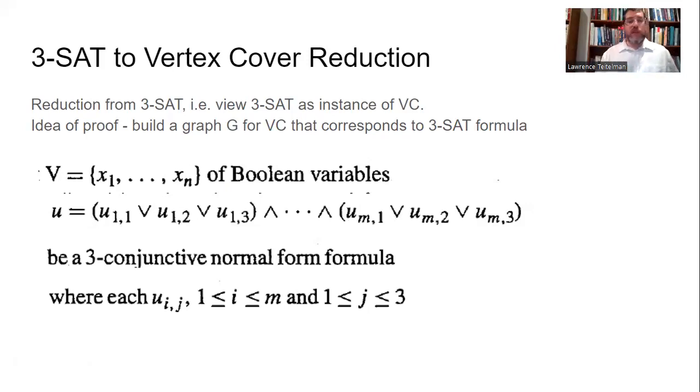So just to be more clear, the original variables are X1, X2, and so on. What we're doing here is we're taking variables from the set of variables and we're either using them as is or negating them. So U is our 3-SAT clause. Again, in conjunctive normal form, each expression has 3 variables, and we have a whole bunch of expressions, M expressions, each of them with 3.